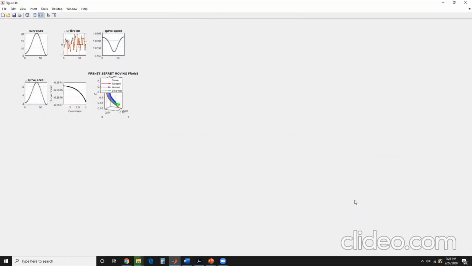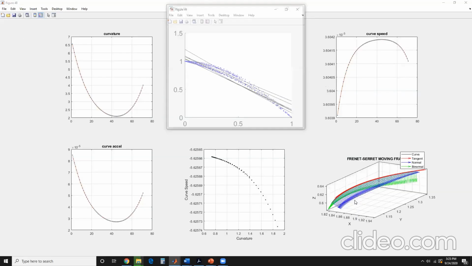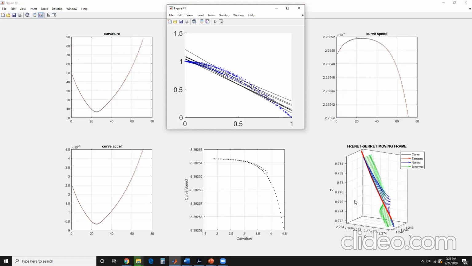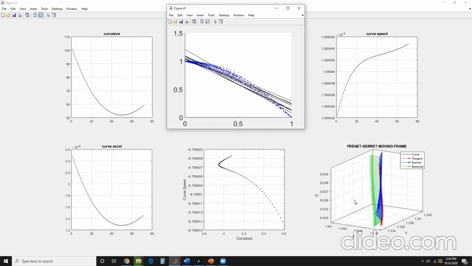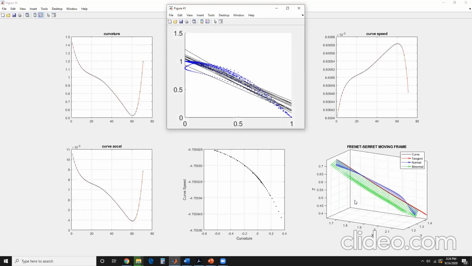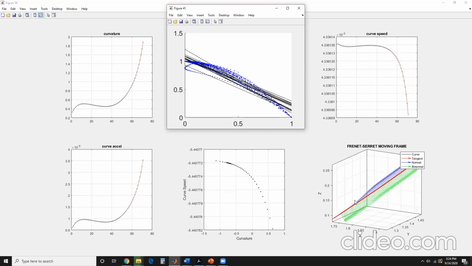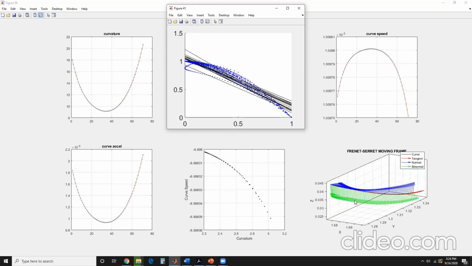I was trying to see the limits to that, the limiting values. So these are for the male and the other ones were for the female.